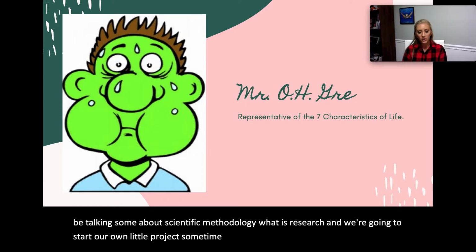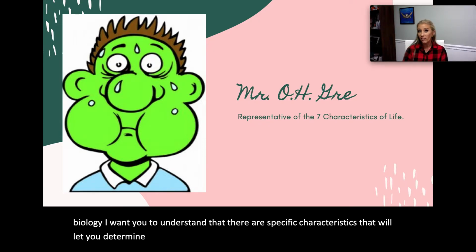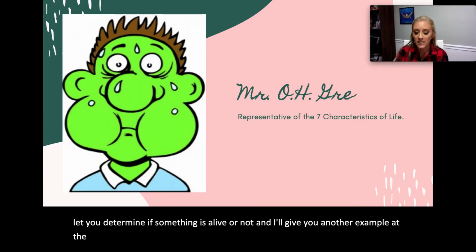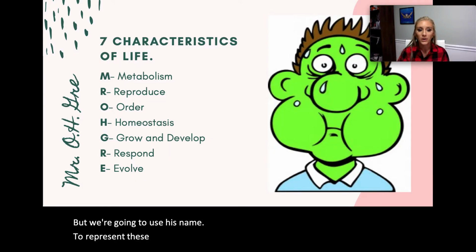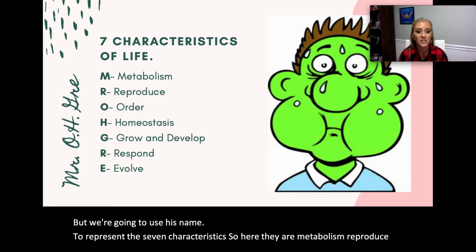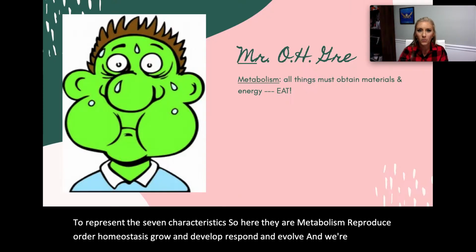But because we're talking about biology, I want you to understand that there are specific characteristics that will let you determine if something is alive or not. And I'll give you another example at the end. We're going to use his name to represent these 7 characteristics. So here they are: metabolism, reproduce, order, homeostasis, grow and develop, respond, and evolve. And we're going to go through each one of these.